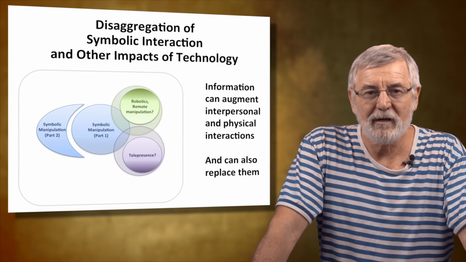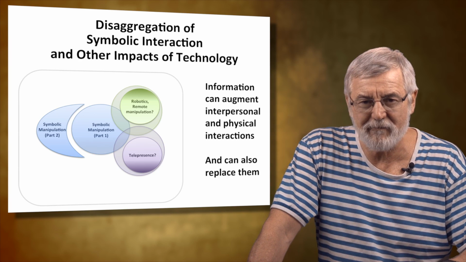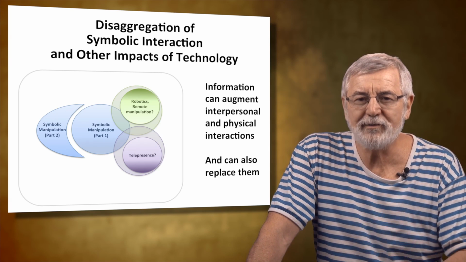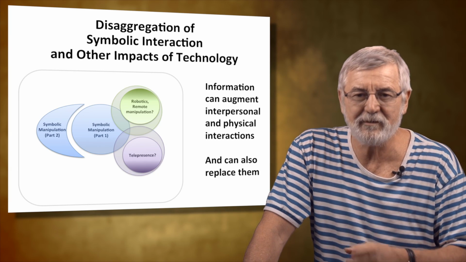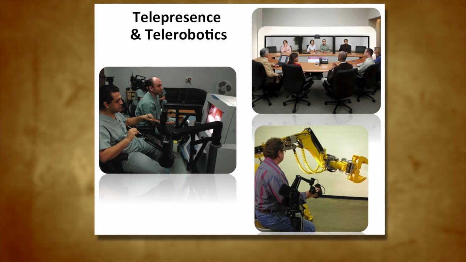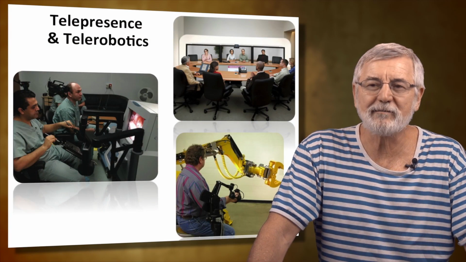Now, in fact, it's not just pulling apart the symbolic stuff from the interpersonal and physical stuff. Information can also change the character of those interactions and physical interactions. So we can even replace them. For example, if I use a telerobotic system or a telepresence system, I can be there without really being there. I can interact and do robotic surgery.